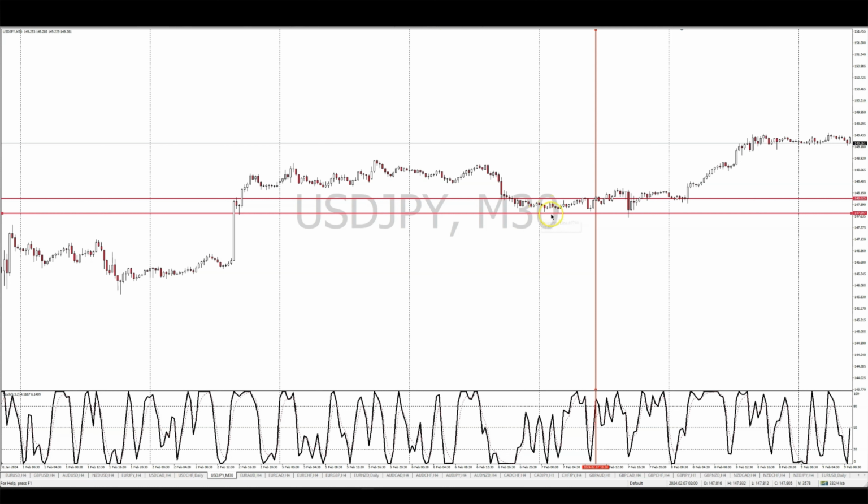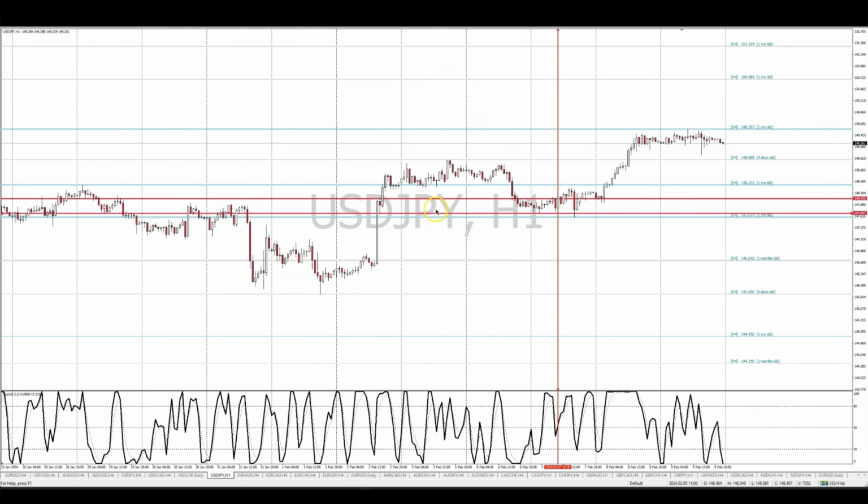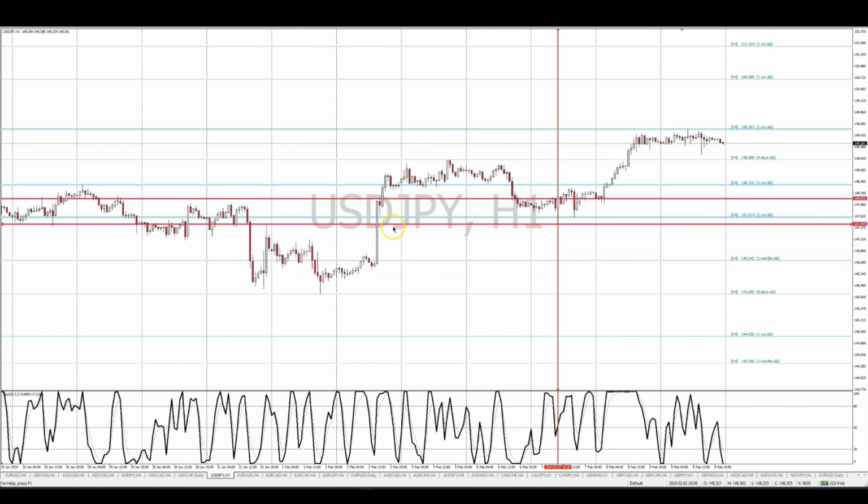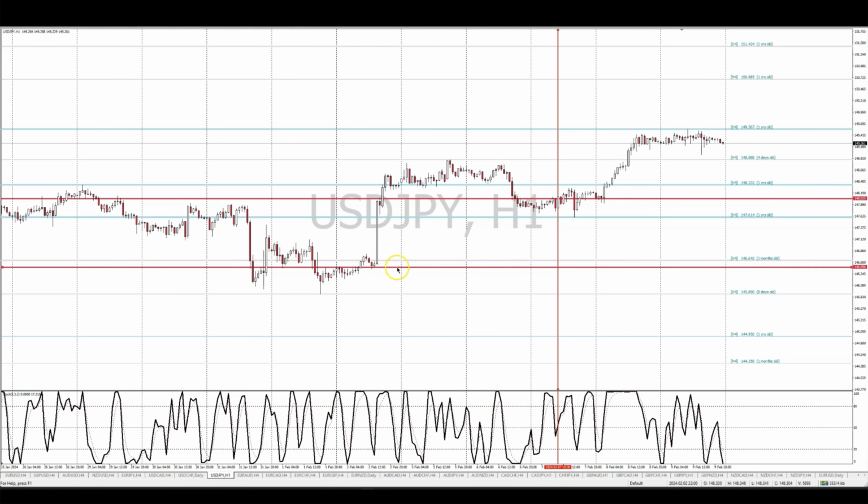We want to find the run that created this level right here. Let's go to the 1 hour. This is the level. It's easy to see this. This is the candle that started the move to the upside right there.